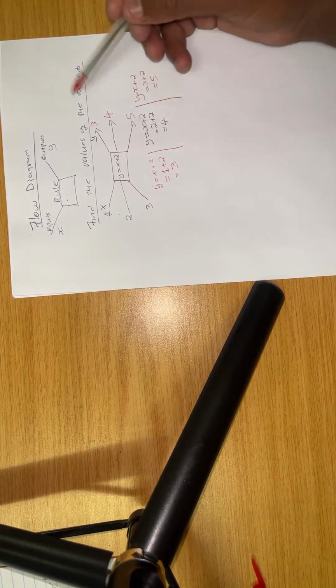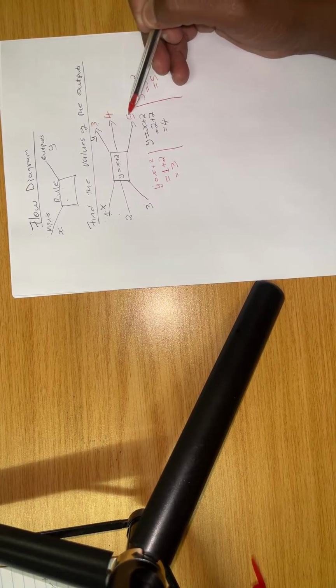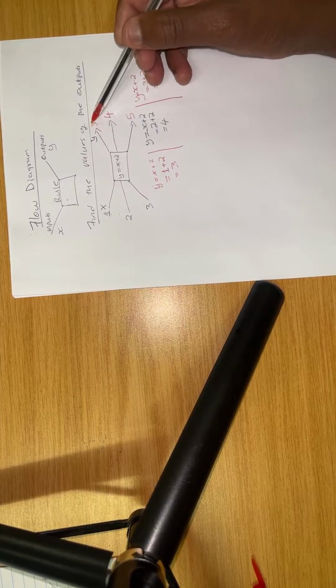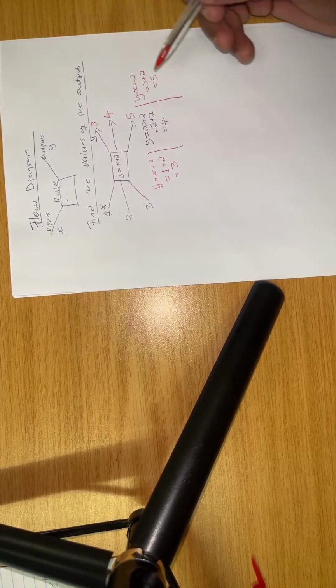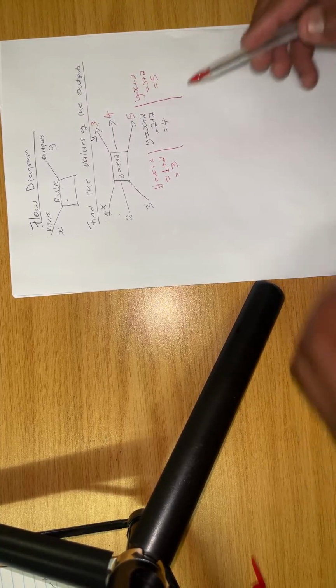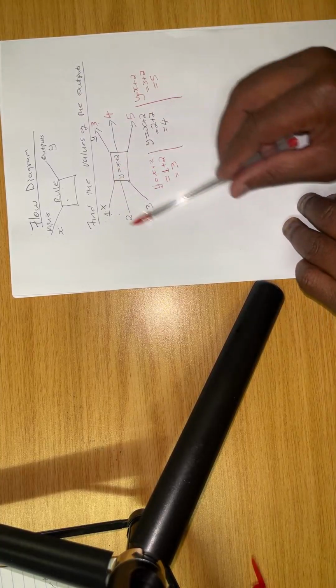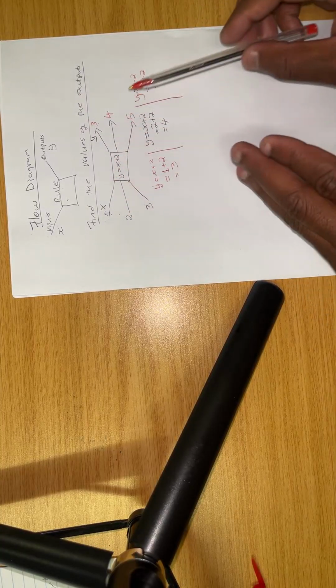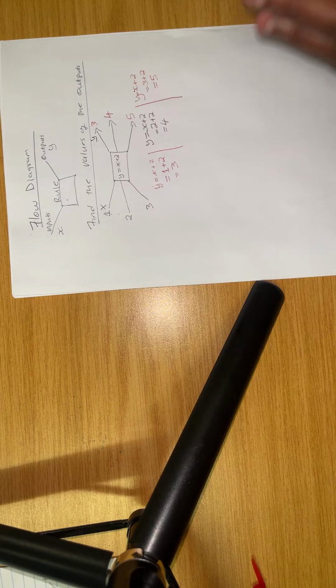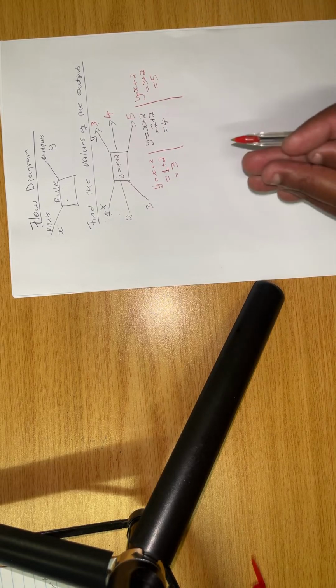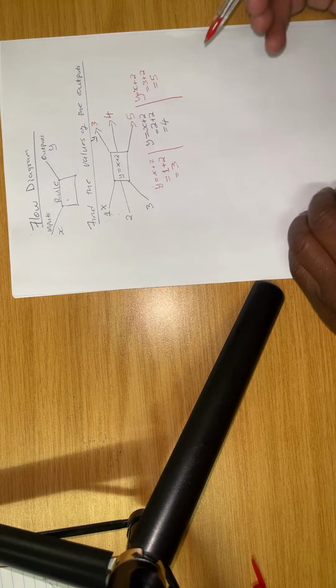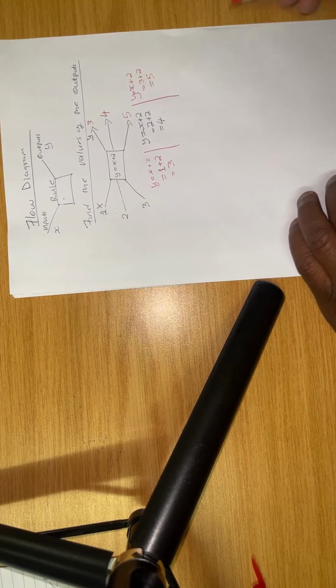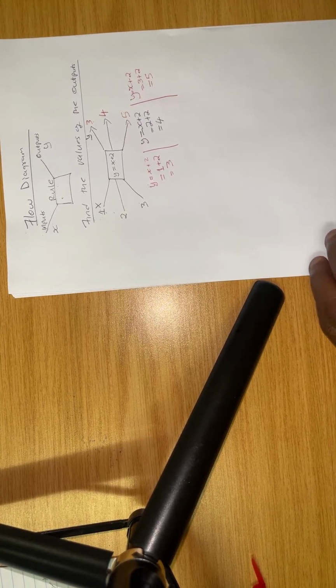So we managed to find all these 3 values of y. The y values represent the outputs. So every time you are given a flow diagram like this and they're saying determine the outputs, it means that you have to determine the values of y.